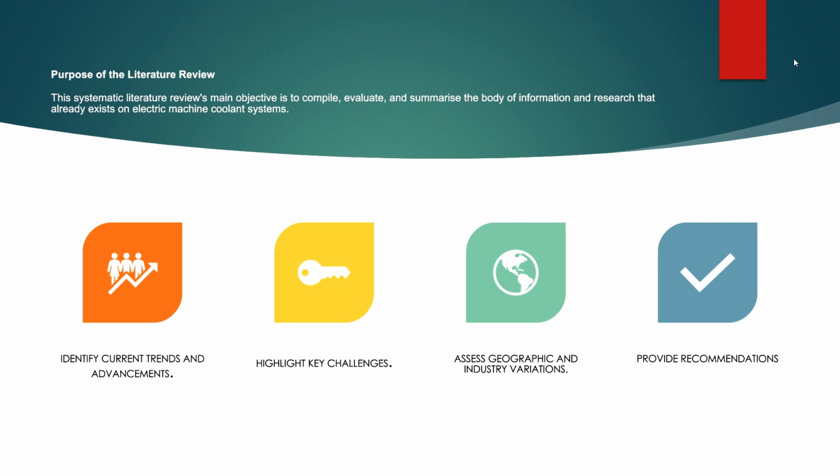Purpose of literature review. As I told you before, I've studied the traditional one and the systematic literature review. There is a purpose for each. For the traditional one, you just analyze the concepts which they have studied, and you put it in your own words in your literature review.